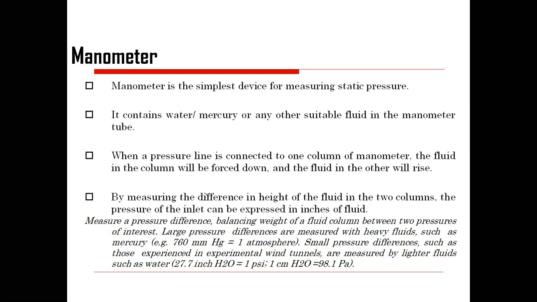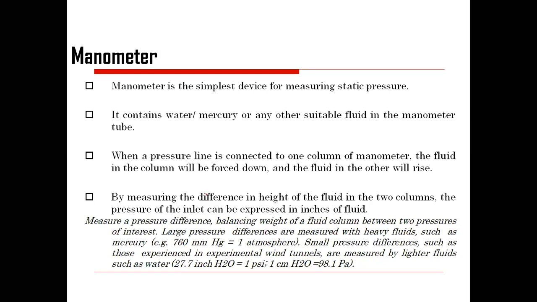measurement based upon the difference or balancing the weight of fluid column between the two pressure legs inserted, or a large pressure difference that is measured with heavy fluids. So where we are using water or where we are using mercury, this has been justified in this particular statement.